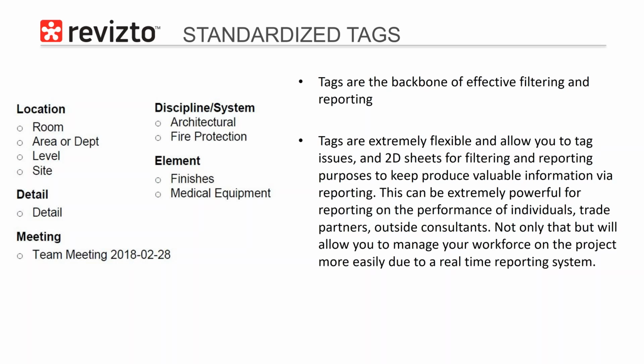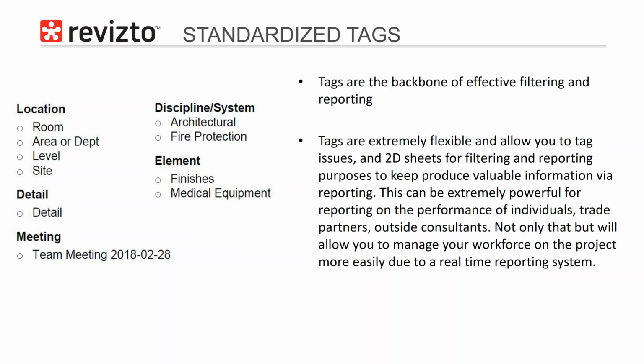What detail do they relate to? What meeting did we talk about this issue in? What discipline or system does this issue or 2D sheet belong to? As well as different types of elements, or really anything that you would like to categorize a 2D sheet or an issue to.